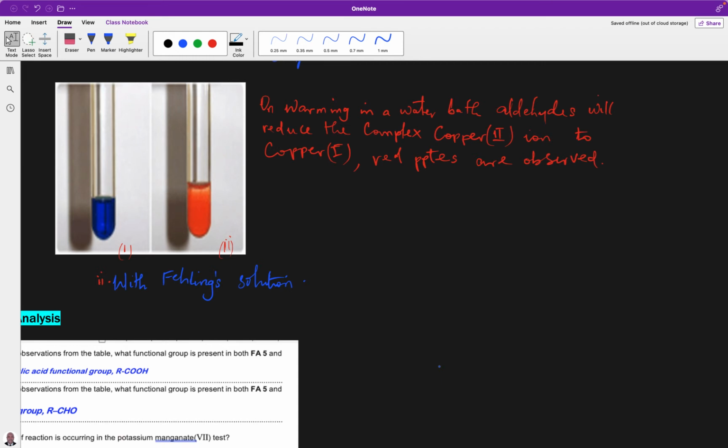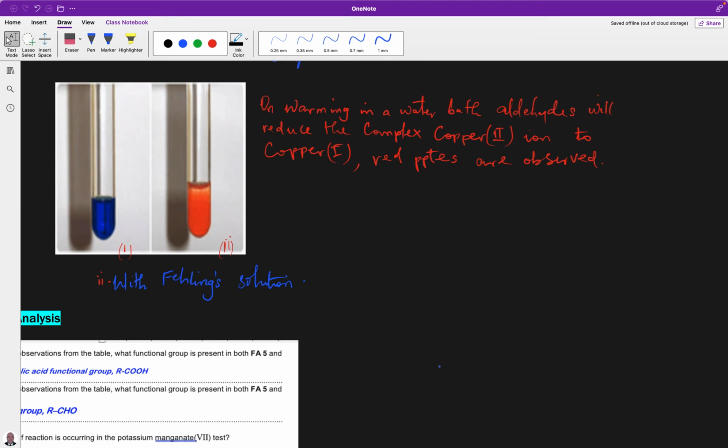This is a complex ion made out of copper(II) ion, and to test which compound reacts with it, we use this complex ion, which is the Fehling's solution.